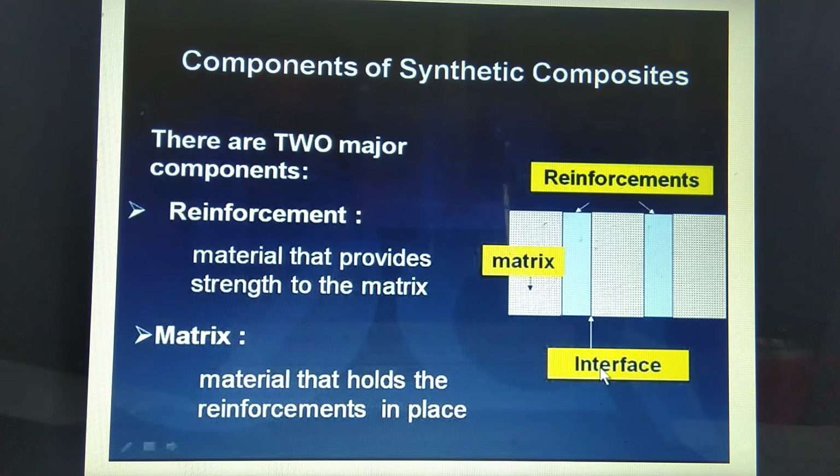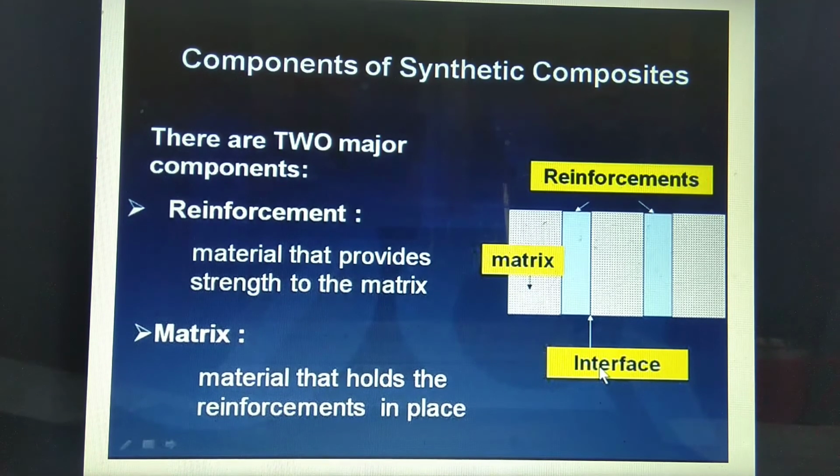This is a discontinuous phase and is the principal load bearing component. It can be glass, quartz, or carbon fiber. And there is a third component called the interface, between the reinforcement and matrix phases, where the transmission of the load takes place.